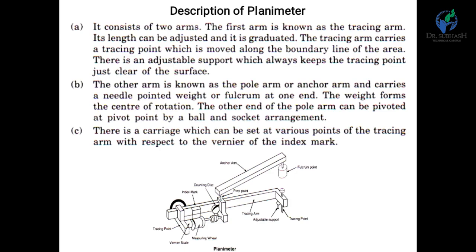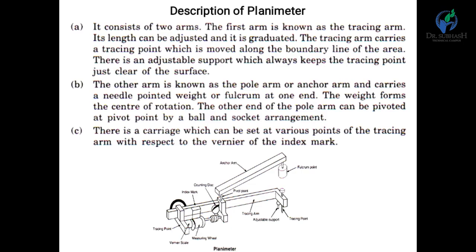Now, what is the work of the fulcrum point and the tracing point? The fulcrum point is the part of the planimeter that we fix on a surface so that the planimeter can revolve about it.